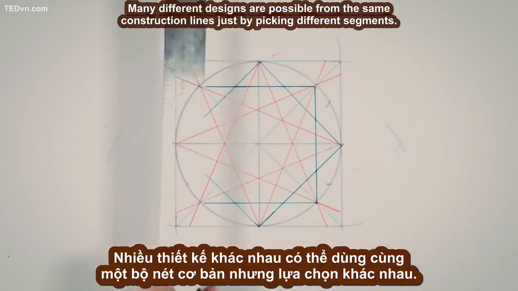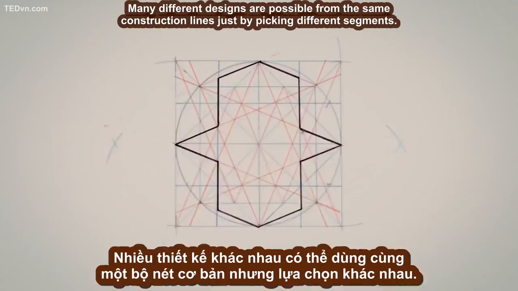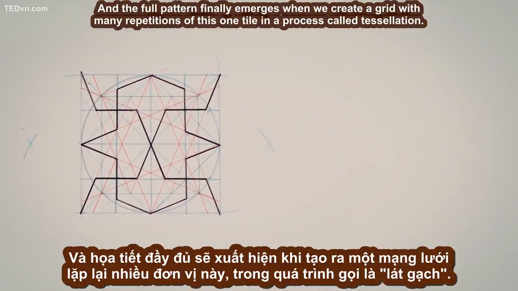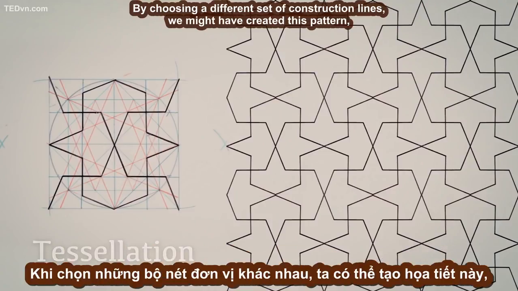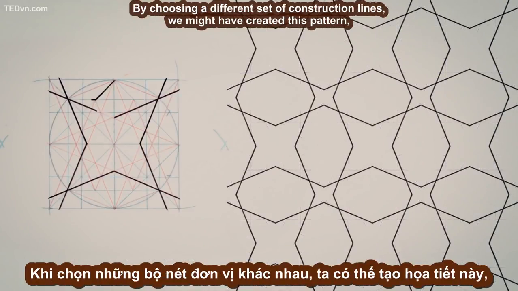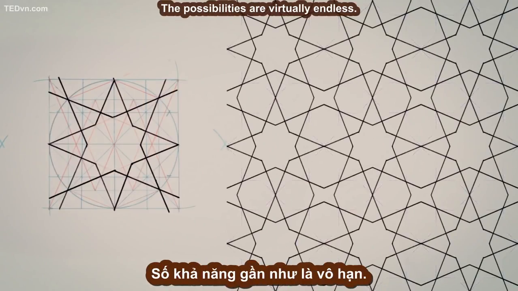Many different designs are possible from the same construction lines, just by picking different segments. And the full pattern finally emerges when we create a grid with many repetitions of this one tile, in a process called tessellation. By choosing a different set of construction lines, we might have created this pattern, or this one. The possibilities are virtually endless.